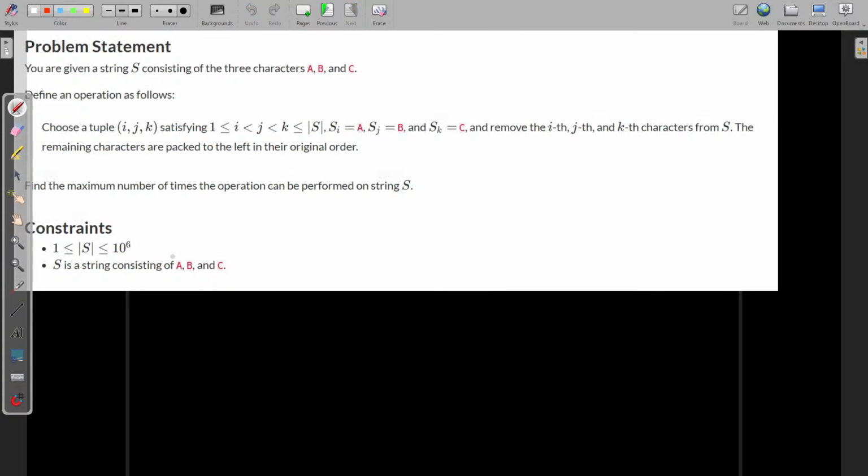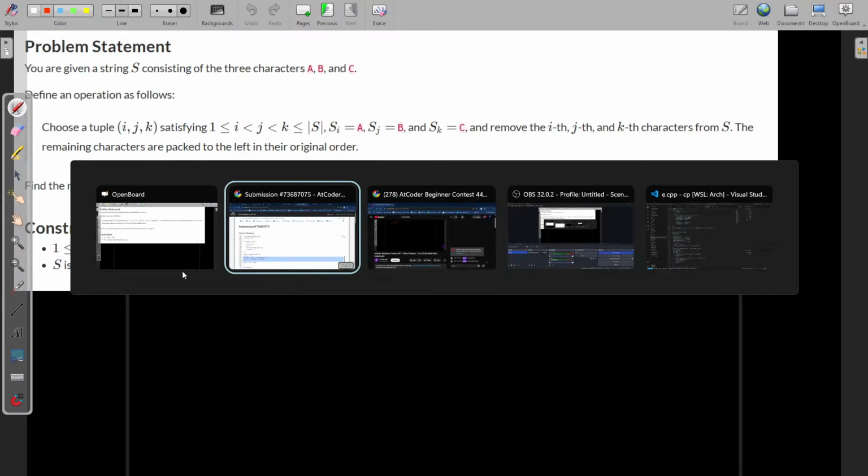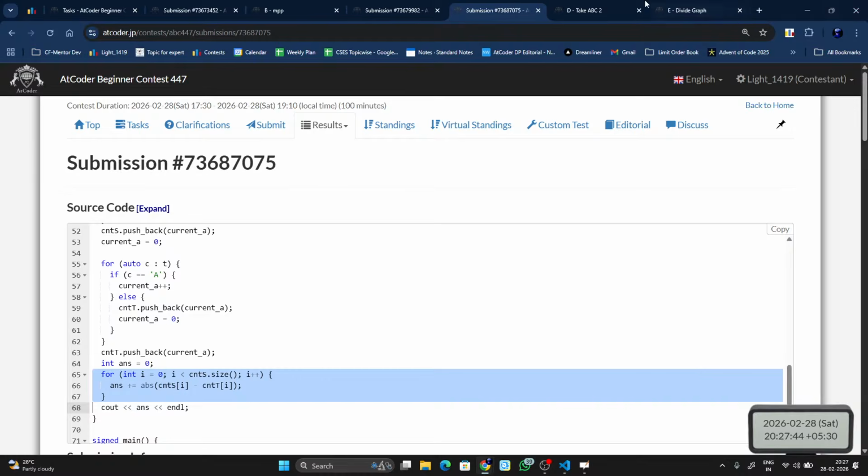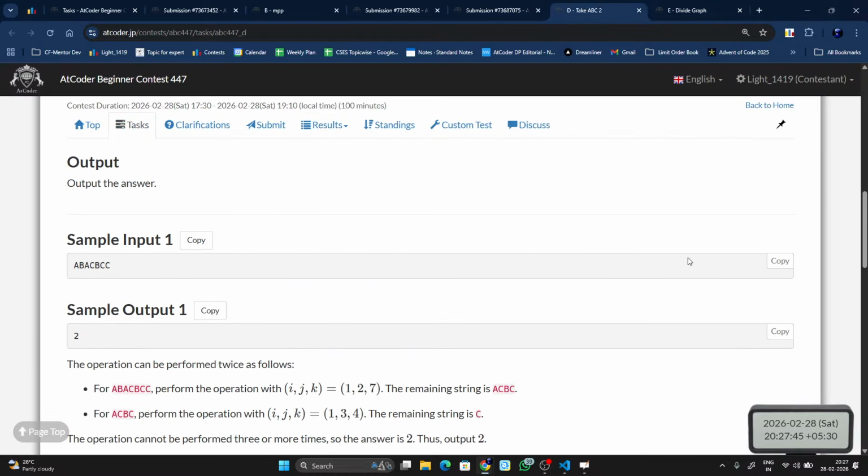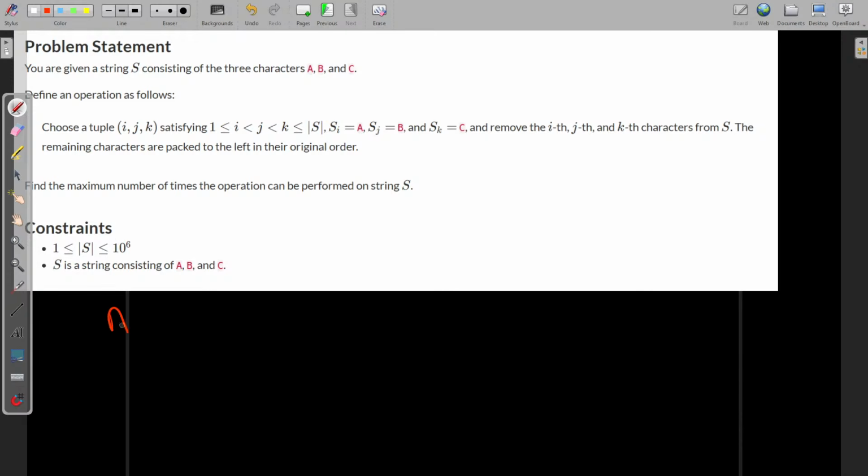So you have been given a string S consisting of 3 characters A, B, and C. Let's take a sample input. So here it is A, B, A, C, B, C, C. So this is our sample string. Now let's see what this operation does.